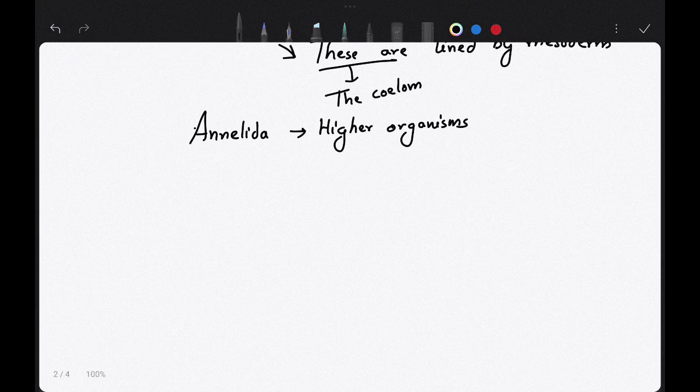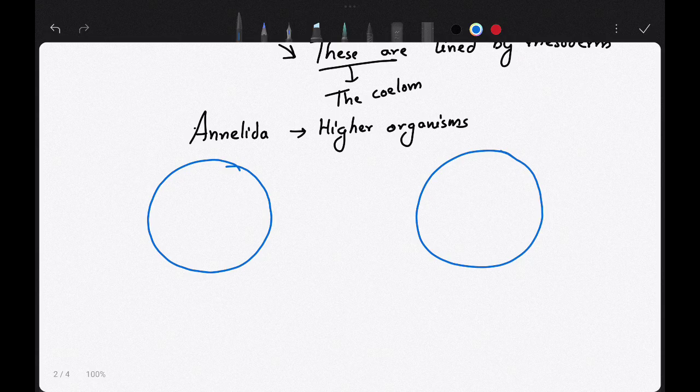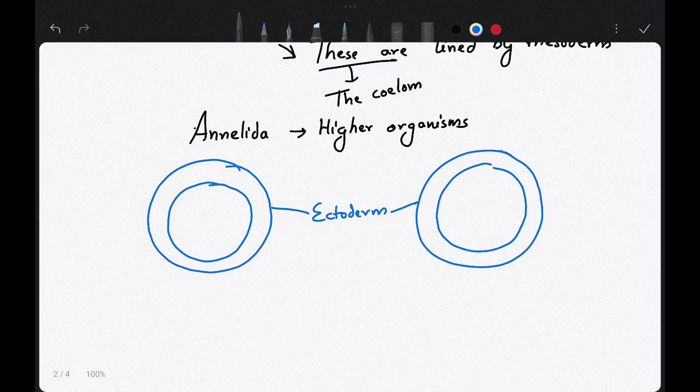Now let me draw the figures of pseudocoelomates and coelomates. Suppose this is the ectoderm. Now you will see the other parts like mesoderm, endoderm and the gut.